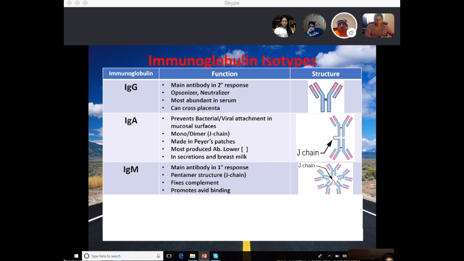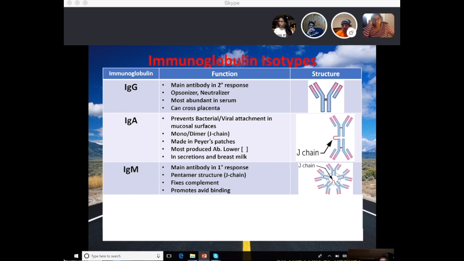Okay, how about IgEs? These are the allergy ones that attach to mast cells and cause mast cell degranulation, so mast cells release histamine.